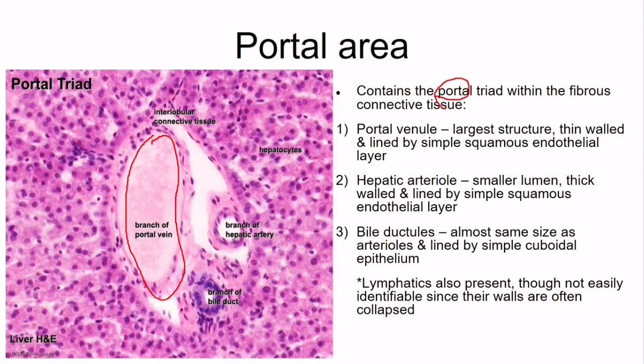They represent cuboidal epithelium. Within this portal area, we can also find lymphatic vessels and nerve fibers too. However, the lymphatic vessels cannot be easily distinguished here because they have delicate walls, so normally they are collapsed, but they are found in the region of the portal area.